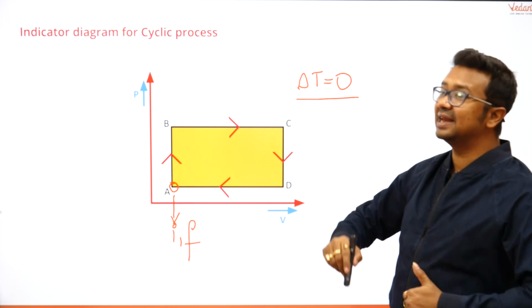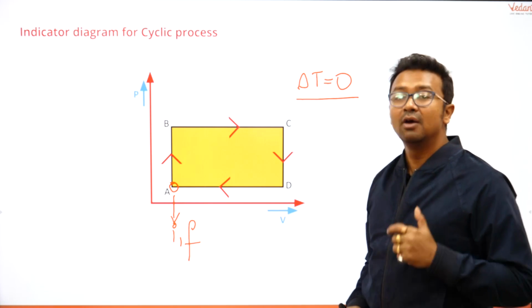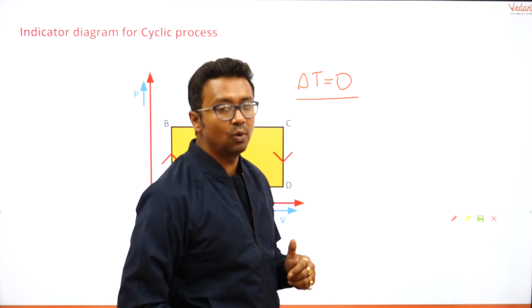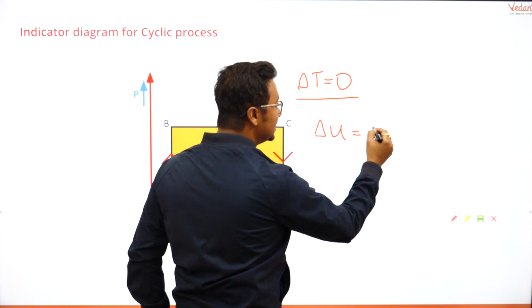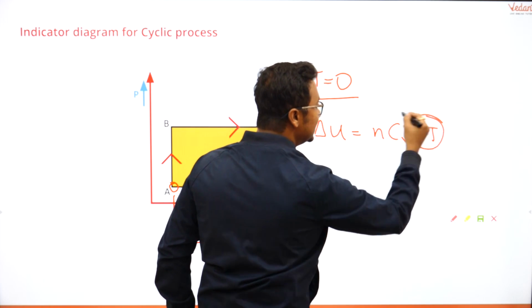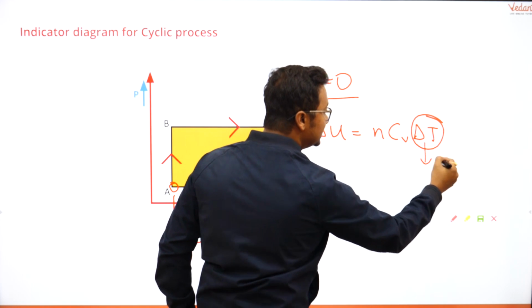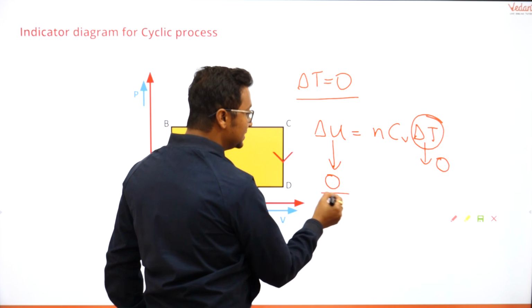In any cyclic process, my change in internal energy will also be equal to 0, because we have studied that change in internal energy is nCv delta T, and since this quantity is 0, my delta U will also be 0.